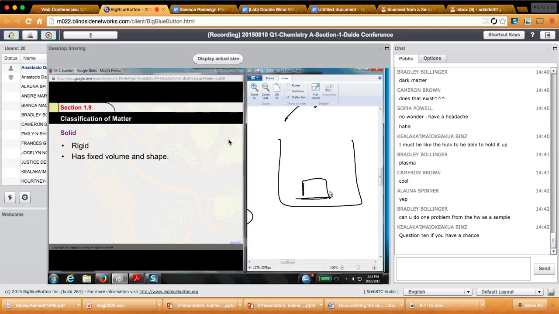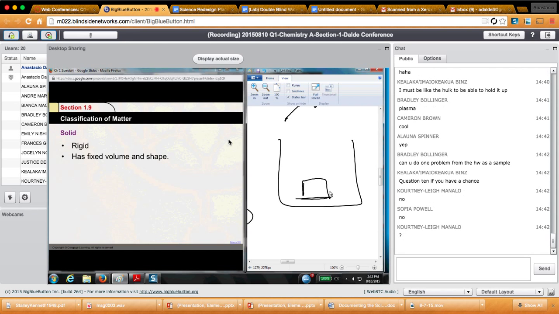Would the shape of it change? No, it'd just be an ice cube inside of a cup. The shape of the ice cube would still stay the same, right? Even if I put it in a weird looking cup, like a cup that looks like this, the ice cube would stay the same shape. Does that make sense?